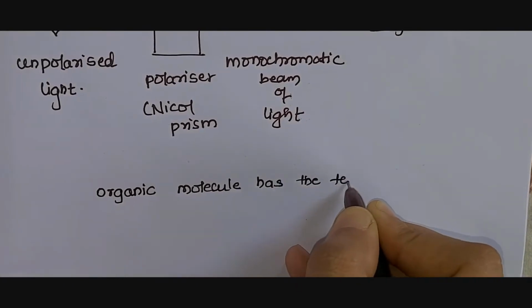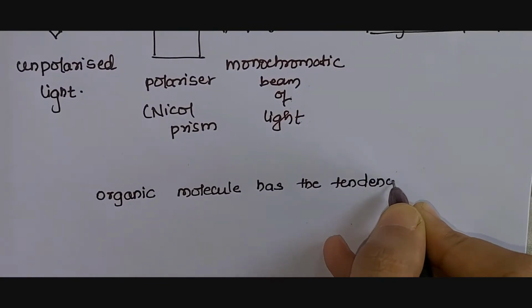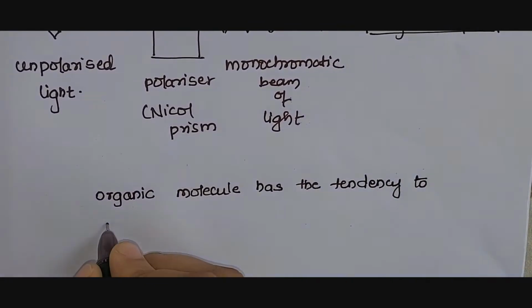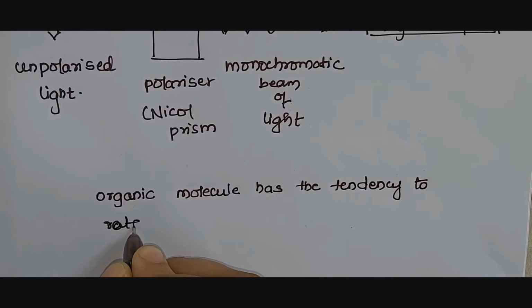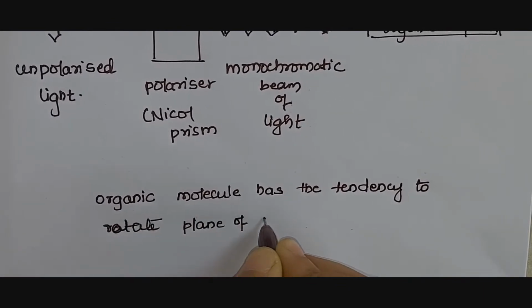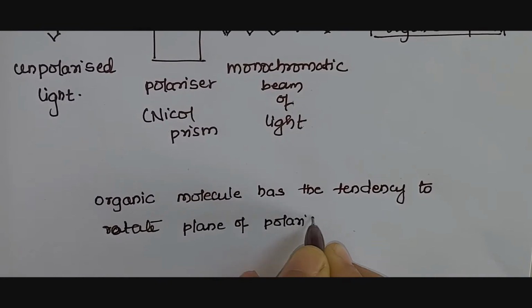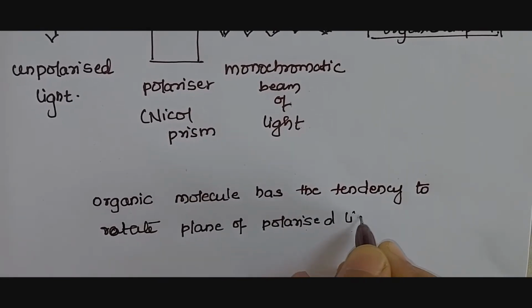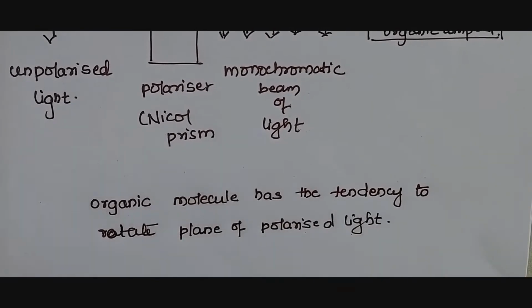One thing to keep in mind is that organic molecules have the tendency to rotate the plane of polarized light either in a clockwise direction, that is towards the right, or in an anti-clockwise direction, that is towards the left.